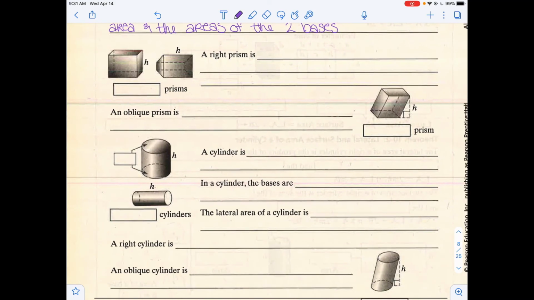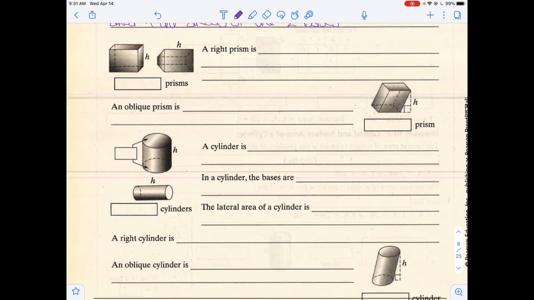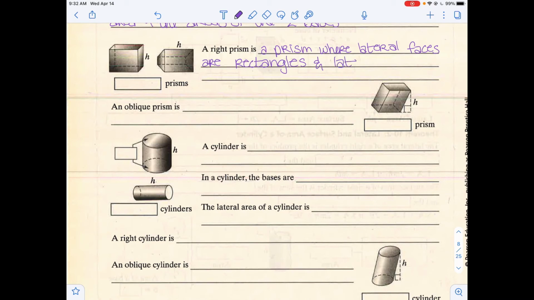Okay, a right prism. A right prism is a prism where lateral faces are rectangles and lateral edges are altitudes.